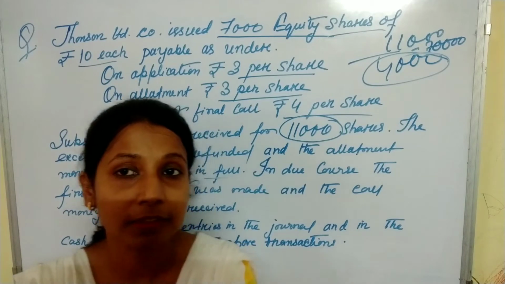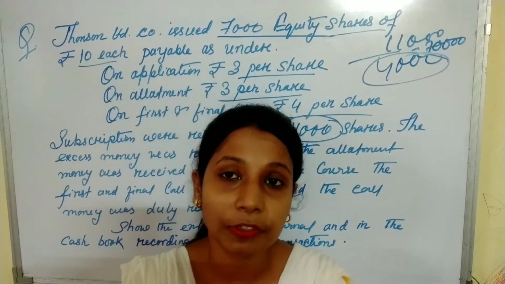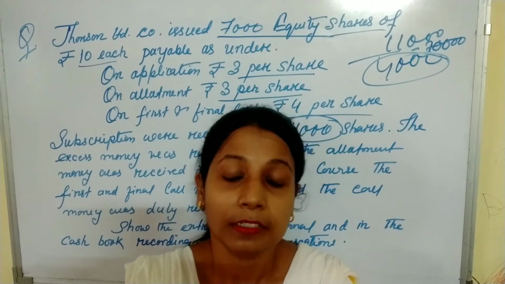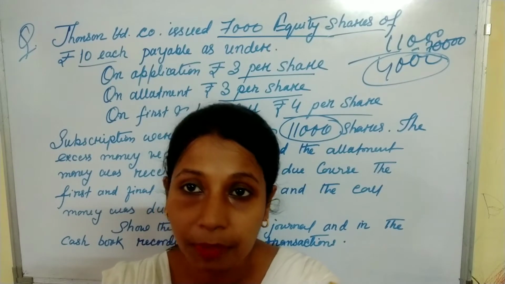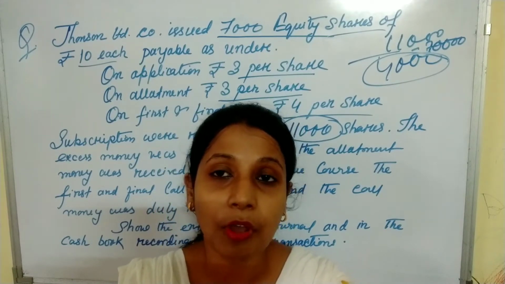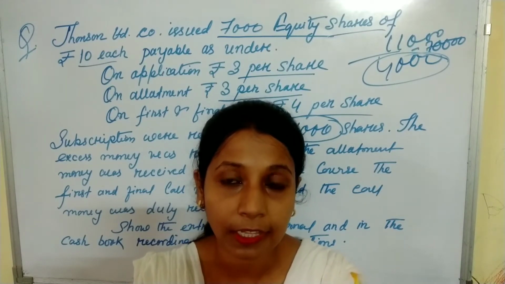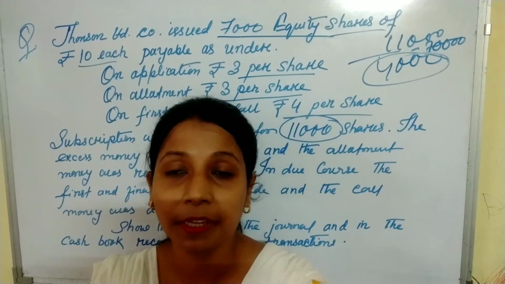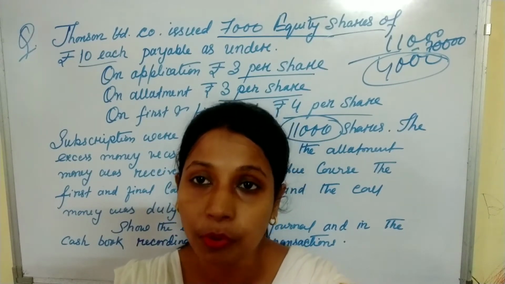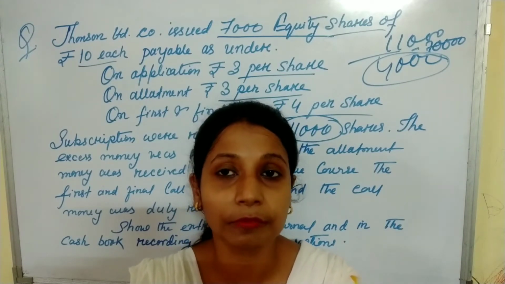So remember this thing. Receipts and payment of cash are recorded in the cash book, and transfers of application money, allotment and making call money due are all recorded in the journal. Okay, now we are going to solve this sum.